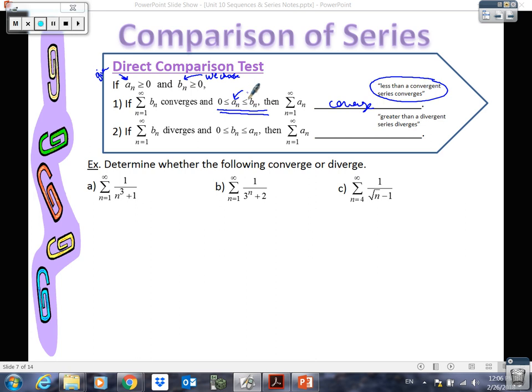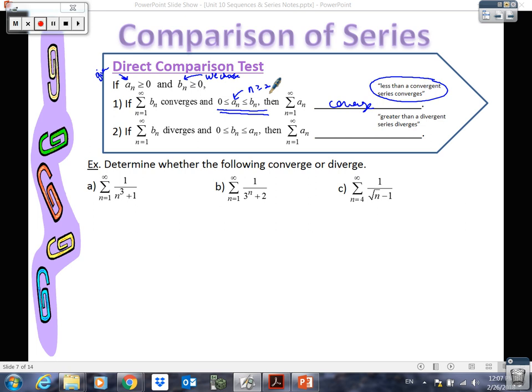Then we would have to say at n equals 2, if it works from 2 on, then we would say, for all n greater than or equal to 2, that would work. We would have to put that restriction on there. It doesn't work for the first term, but for all the terms after, we're good. So we would need to state that. And that would be unusual. It happens every once in a while, but that would be unusual. Usually it's consistent.